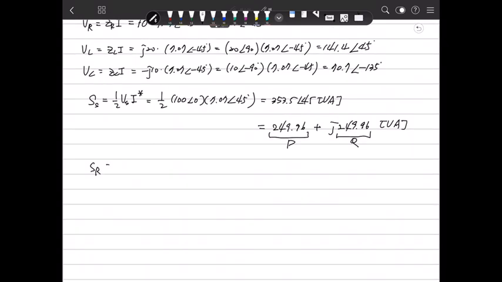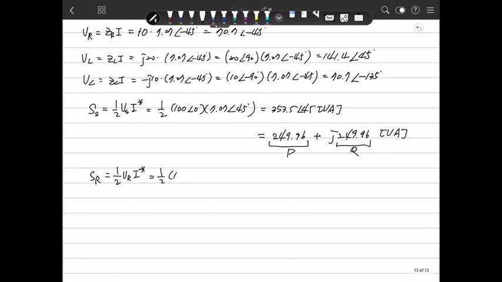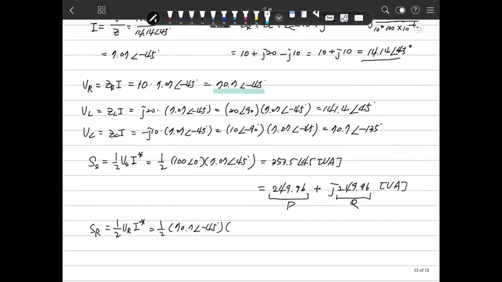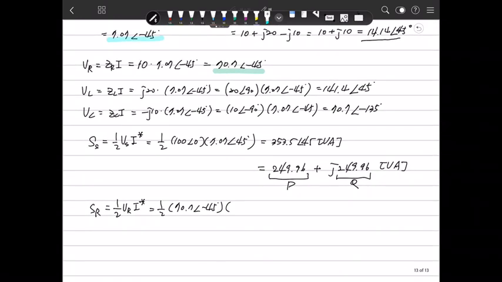Then what is SR, the resistor's complex power? In the same way, it is half VR I conjugate. VR is 70.7 at minus 45 degrees, and the current conjugate is 7.07 at 45 degrees.